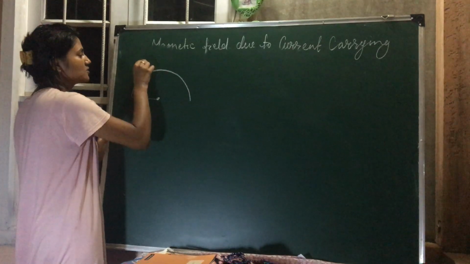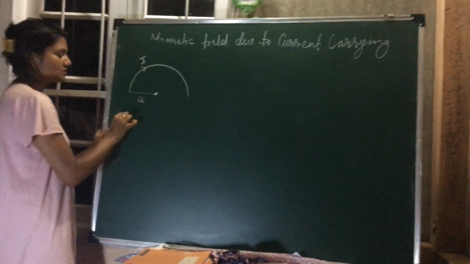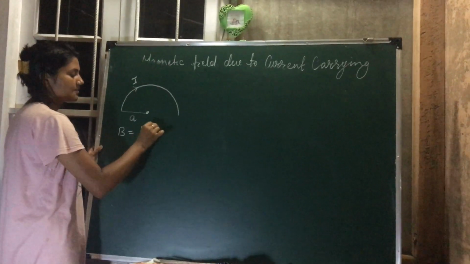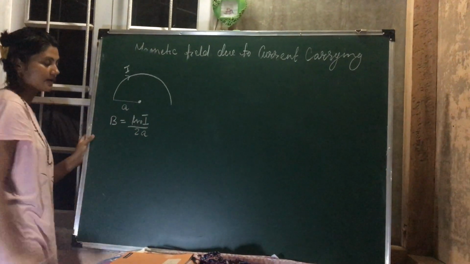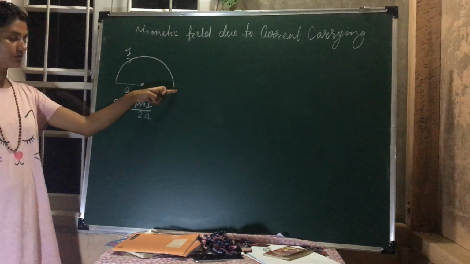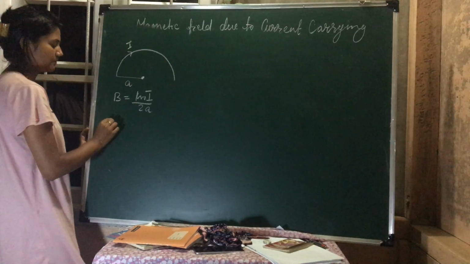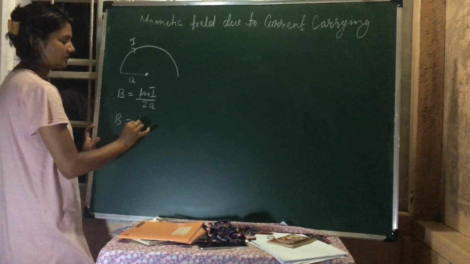If the current I goes through it, due to the full loop, what is the magnetic field? It is mu 0 I by 2a. Due to the half loop, the magnetic field will be half of it.